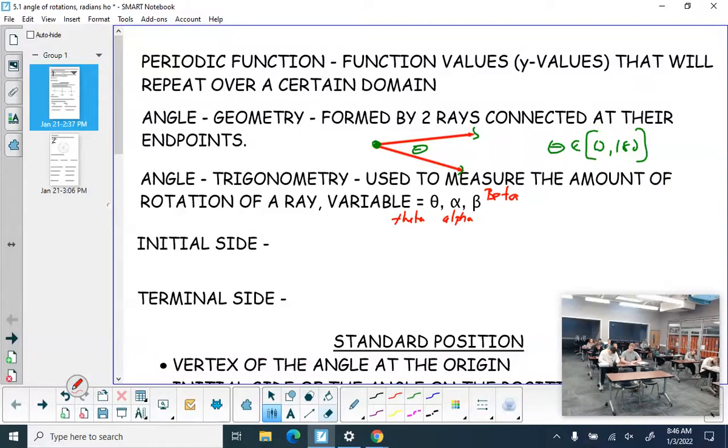These will be the three most commonly used angles, but a lot of Greek symbols are used in regards to angles. You'll see phi, which is also a circle with a line through it. But the ones I will typically use will be theta, alpha, and beta.